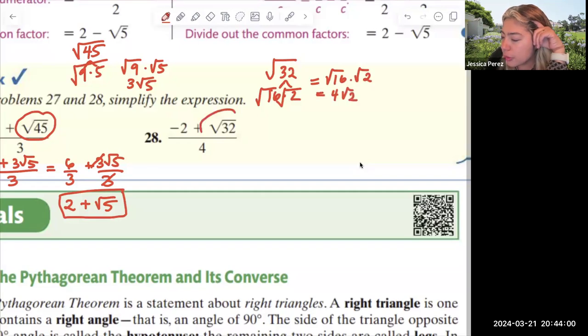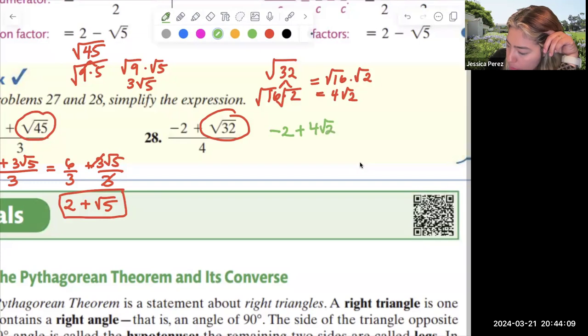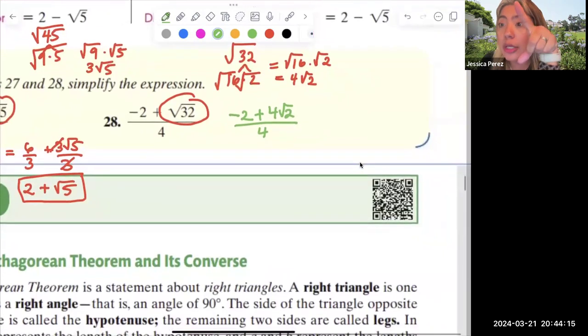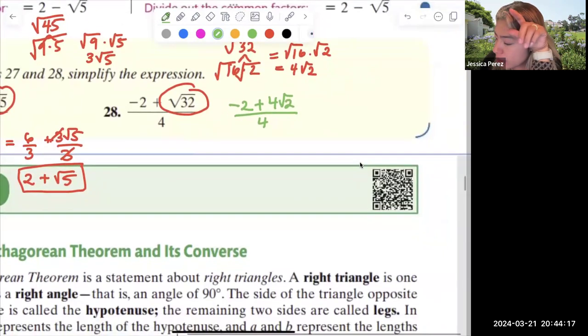So 4 root 2 will go into this. So we have negative 2 plus 4 root 2 over 4. And then I split them because they have one unique denominator. So it's going to be negative 2 over 4 plus 4 root 2 over 4.